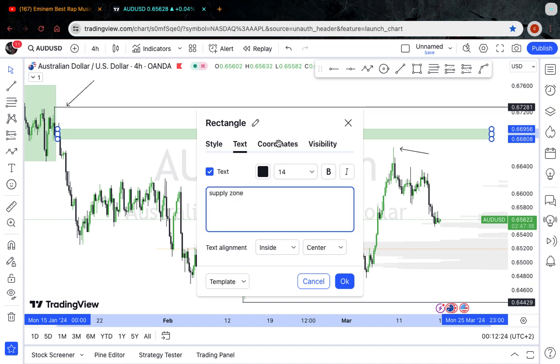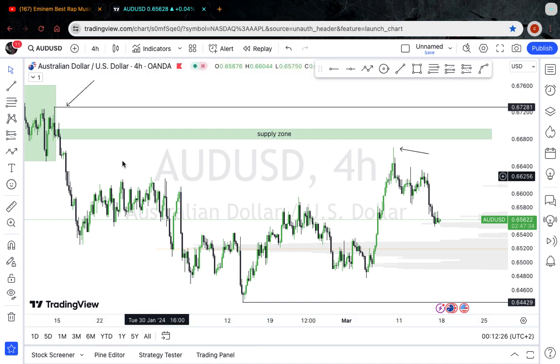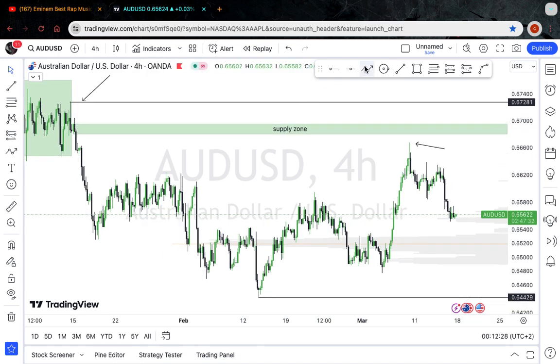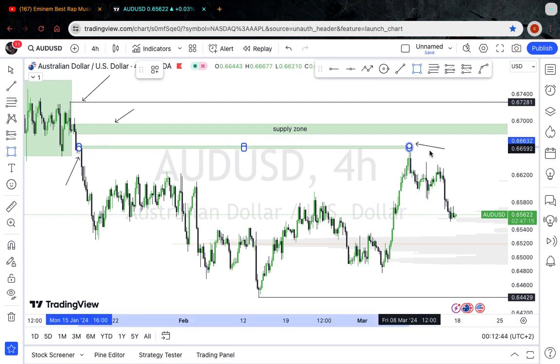Also, if you can take your eyes from this supply zone to this one here, we mark it and then we drag it to the right.